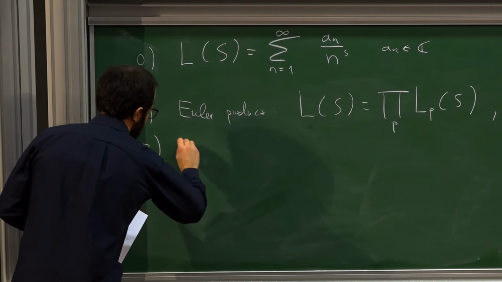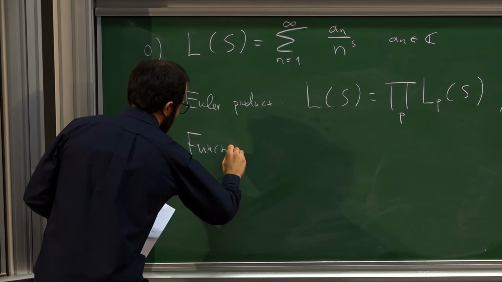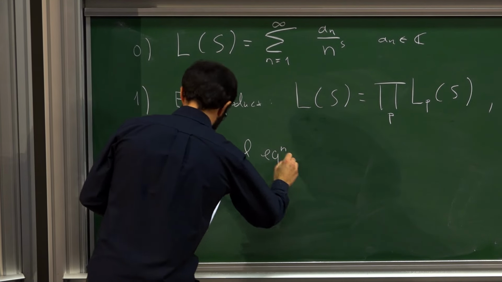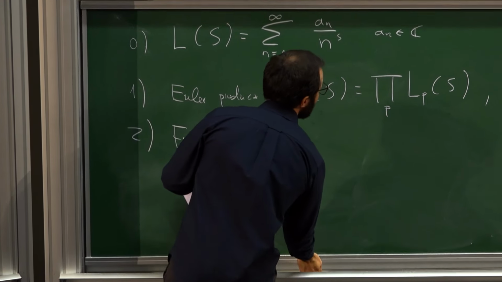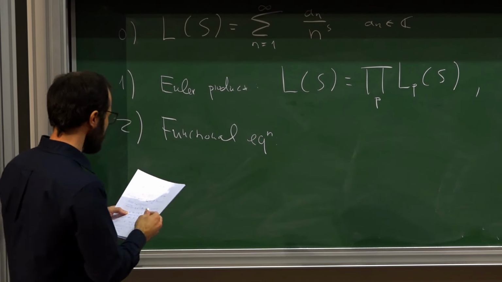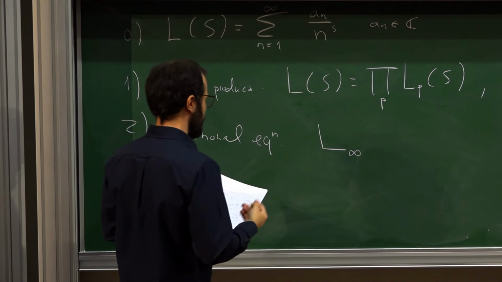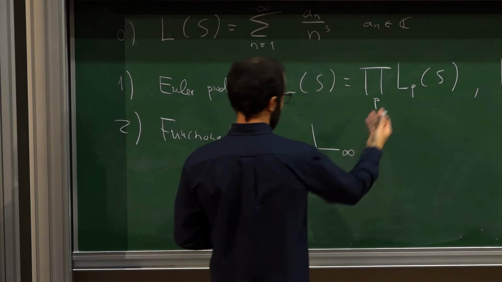And then there is a functional equation, which is also a property of the general L function. Where now, to state it, we need to define an analog of L_p, but L infinity.